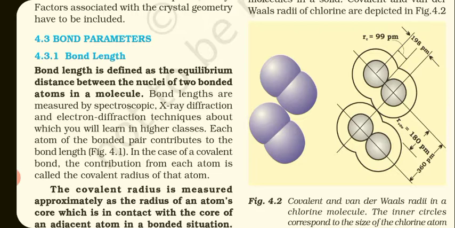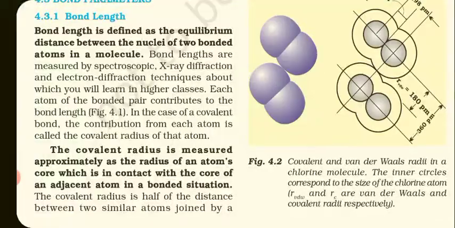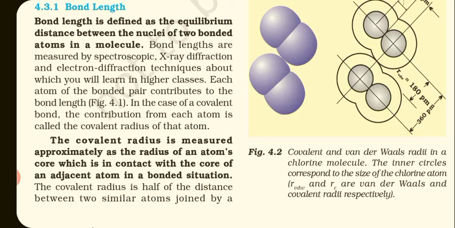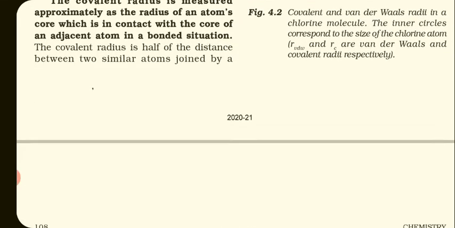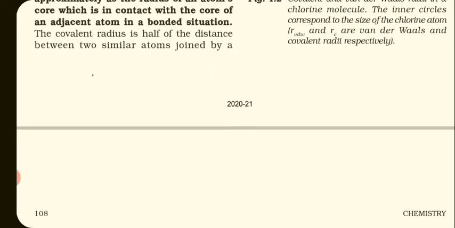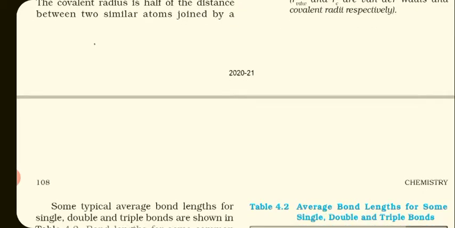Covalent radius of chlorine is 99 picometer and van der Waals radius is 180 picometer. So van der Waals radii are generally higher than covalent radii. In the chlorine molecule, the inner circles correspond to the size of chlorine atom, RVDW is the van der Waals radius and RC is the covalent radius.